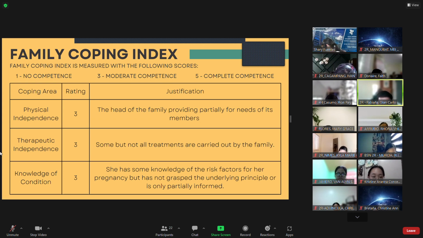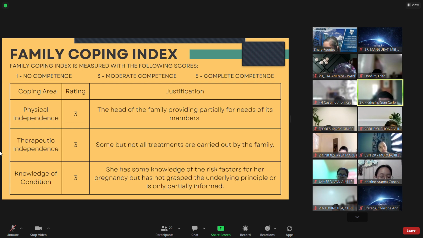For the family coping index, we measured it using a rating of 1, which is no competence, 3, which is moderate competence, and 5, which is complete competence.